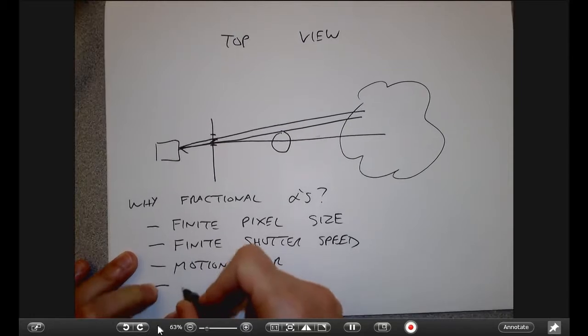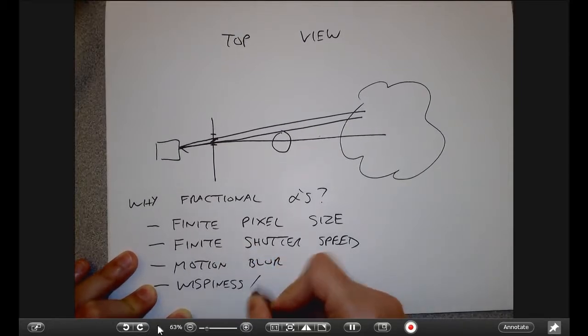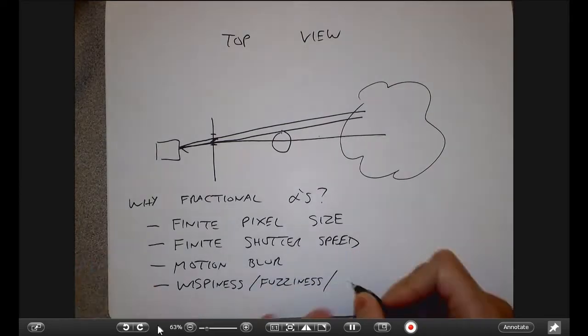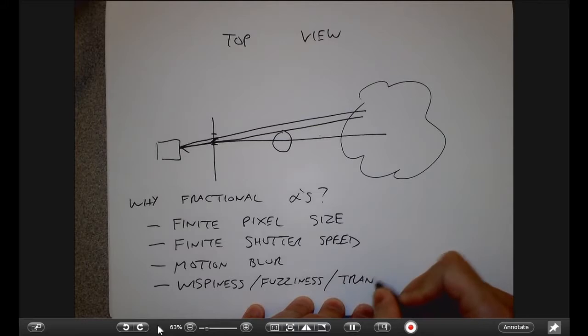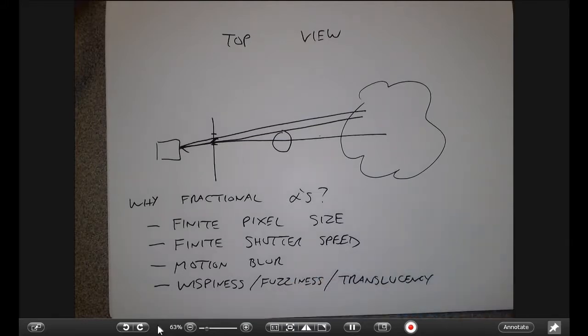And then things like wispiness or fuzziness or translucency of objects. You could have all sorts of physical phenomena too that might contribute to it.